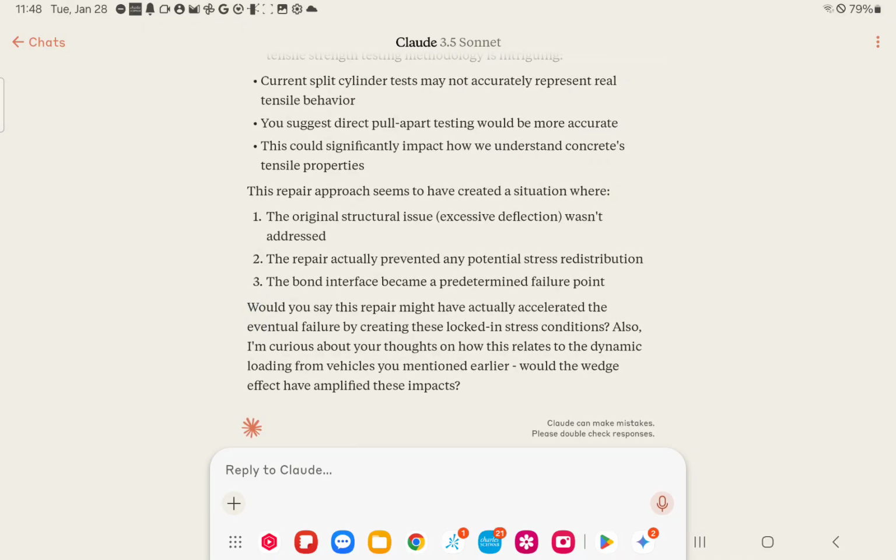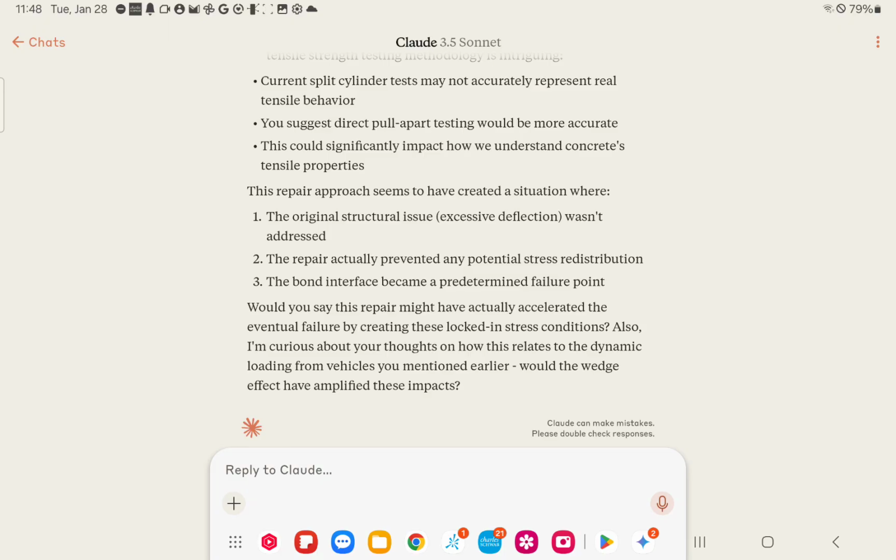Two, the repair actually prevented any potential stress redistribution. Three, the bond interface being the predominant failure point. Would you say this repair might have actually accelerated the eventual failure by creating these locked-in stress conditions?